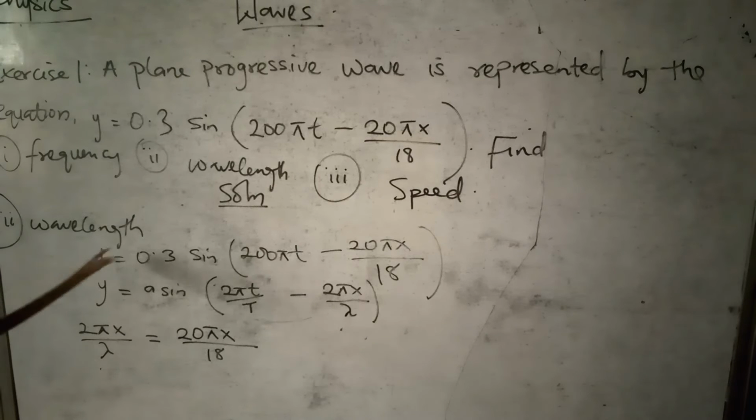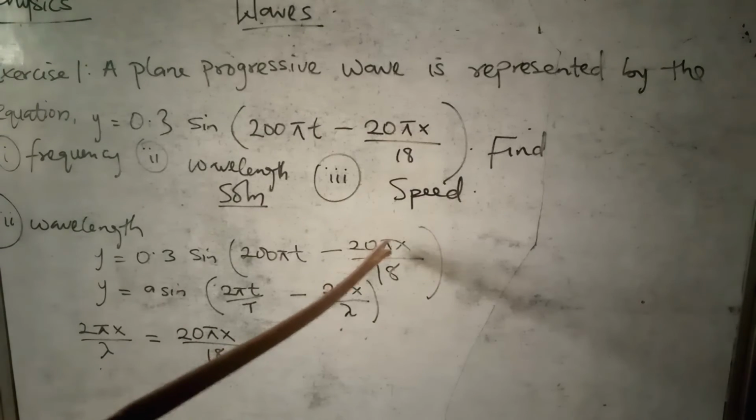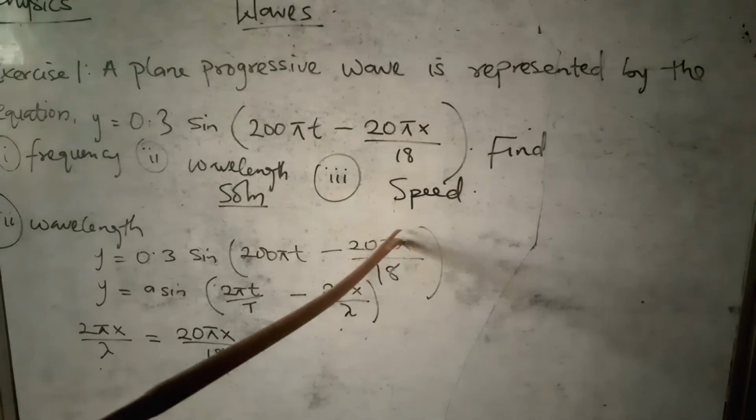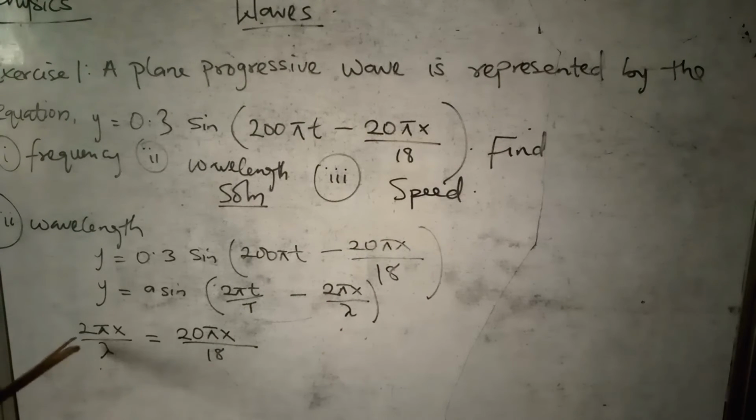To look for wavelength, we compare the two equations again. From the equation, we are comparing these two quantities. That is 2πx over wavelength is equal to 20πx over 18. The next thing to do is to cross multiply.